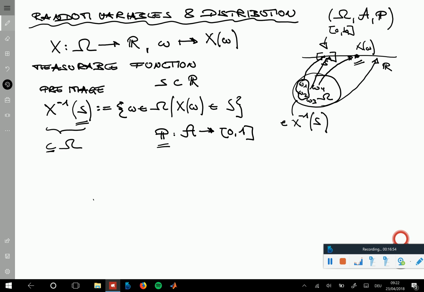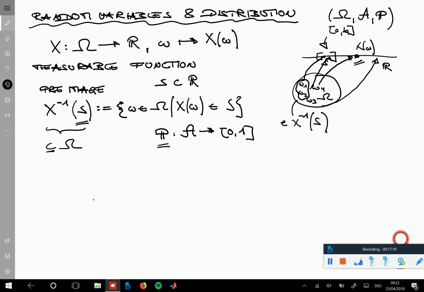To be able to do that, we have to be certain that the preimage of a set that we are interested in is actually in the sigma algebra, because otherwise, if it's not in the sigma algebra, there is no probability measure associated with it from the definition and the setup of the probability space. Yeah?